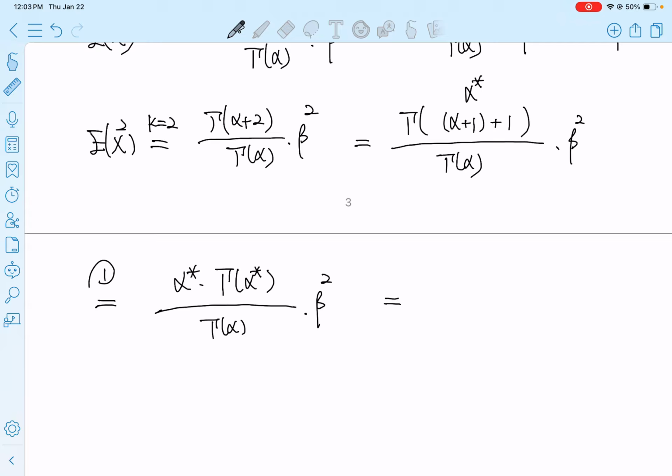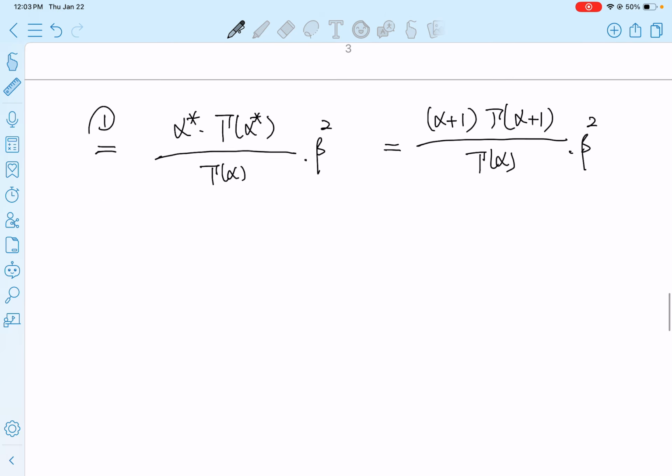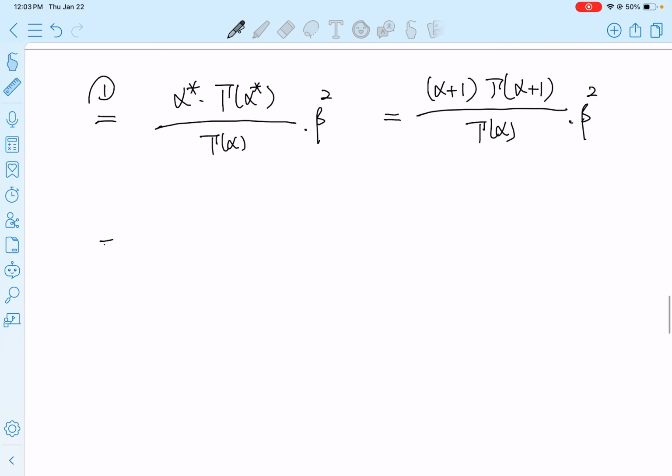Then for simplifying the formula, let's bring back our definition for alpha star. We essentially have alpha plus 1 multiplied by gamma function of alpha plus 1 divided by gamma function of alpha, and then beta raised to the power of 2. We can further simplify the numerator.